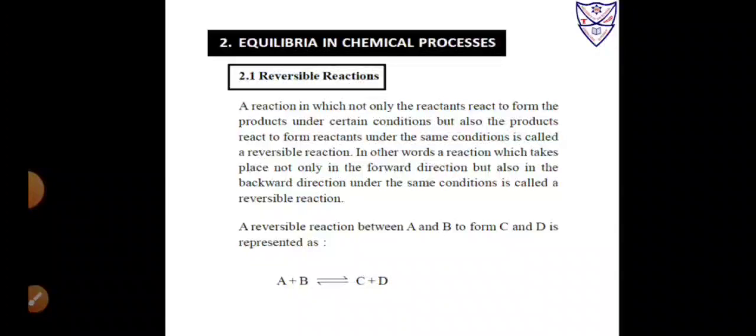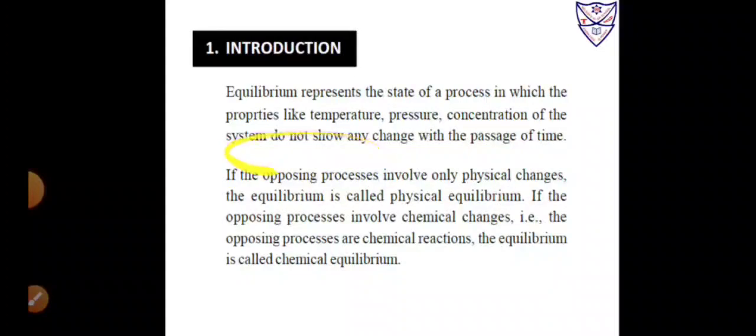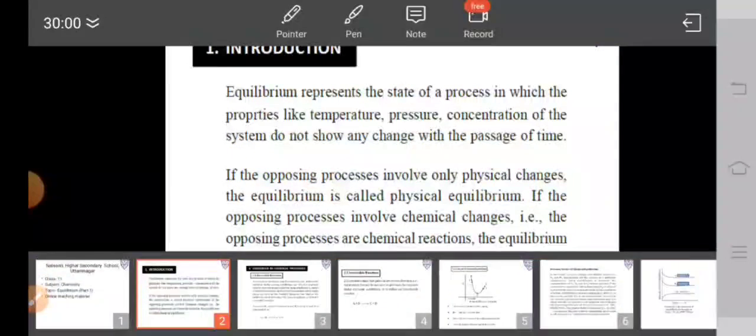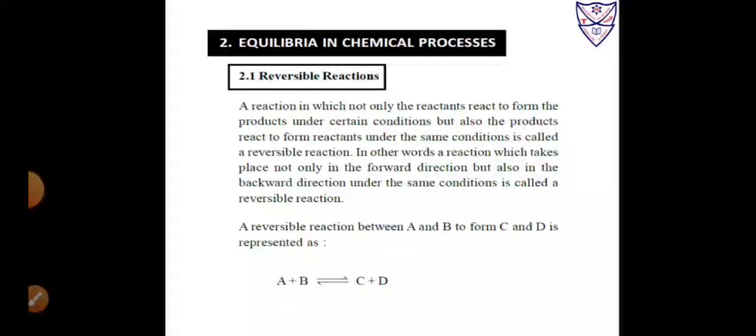A reaction in which not only the reactant reacts to form a product under certain conditions, but also the product reacts to form reactants under the same condition is called a reversible reaction. In other words, a reaction which takes place not only in the forward direction but also in the backward direction under the same condition is called a reversible reaction.